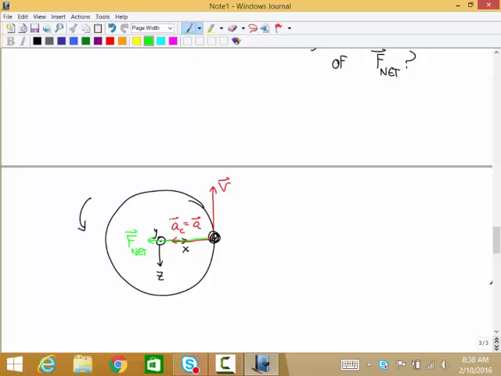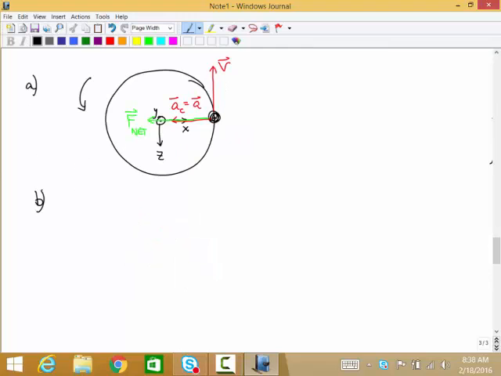That doesn't mean the individual forces are pointing towards the center, but if you add them all up, they're equal to a vector towards the center. Okay, so this is part A.